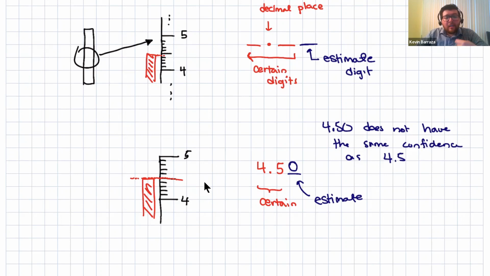I always use the same thing. So even if it's on the line, we don't pretend that that digit isn't there, because that's not the same level of confidence as it was before. So when we are on the line, we're always going to put 4.50, or we'll use a 0 for that, because that 0 after the decimal point is significant. So we want to make sure our audience always understands how confident we are with this ruler. This ruler will always go to 2 decimal places.